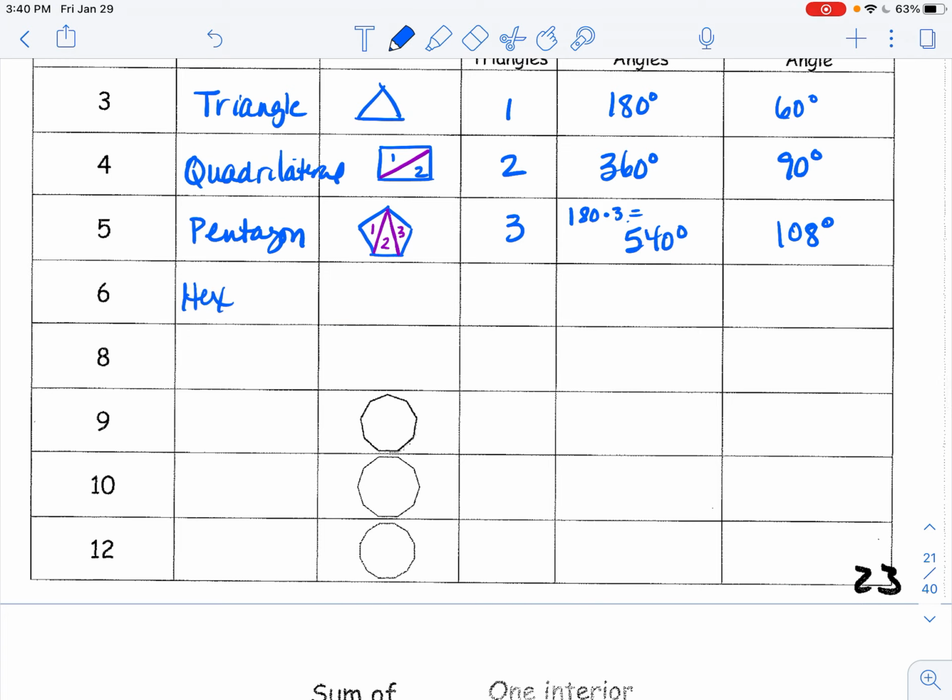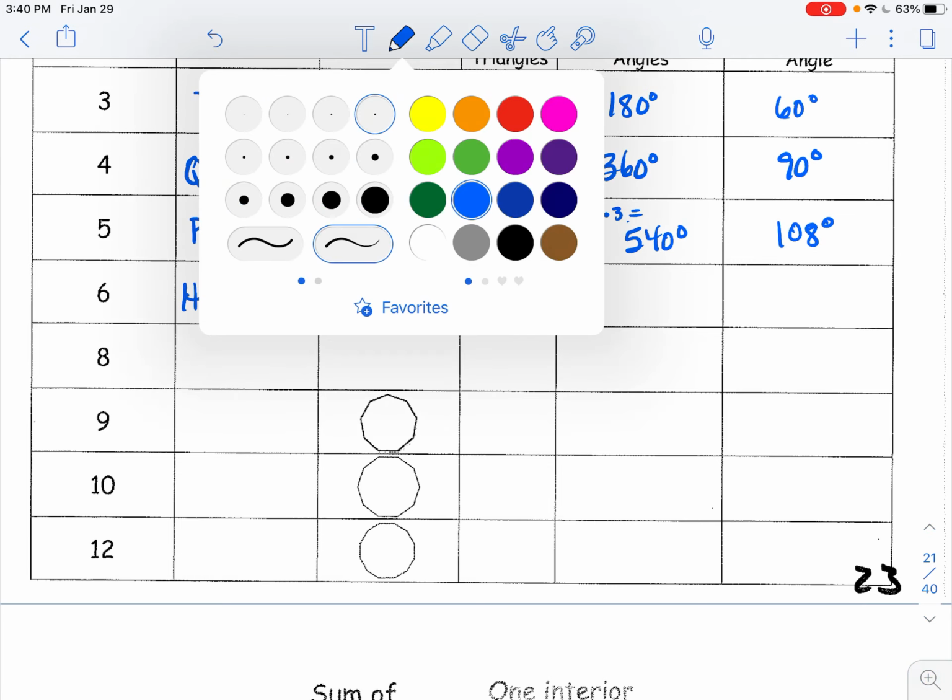All right, next up, we have a hexagon. Let's see if I can draw a hexagon. 1, 2, 3, 4, 5, 6. That's a terrible hexagon. Let me try again. It needs to look more like a stop sign or something. There we go. I think that's close enough.